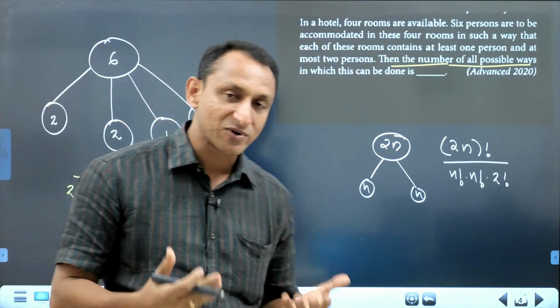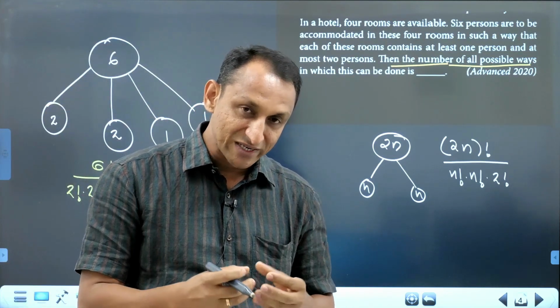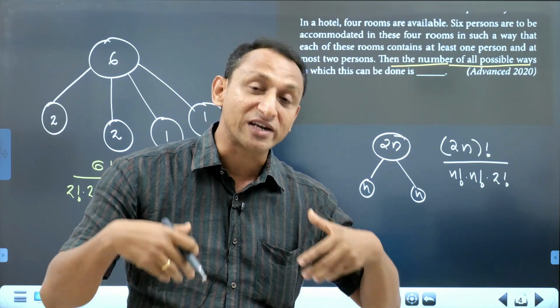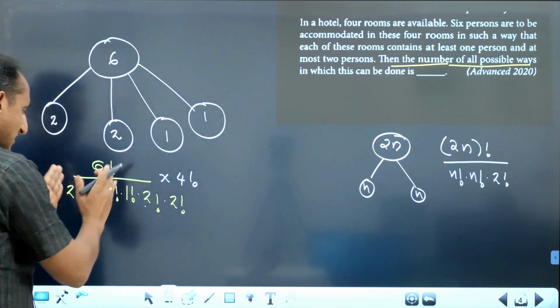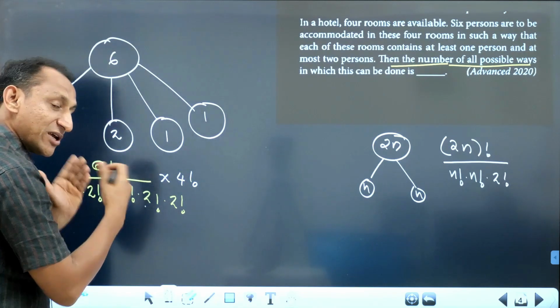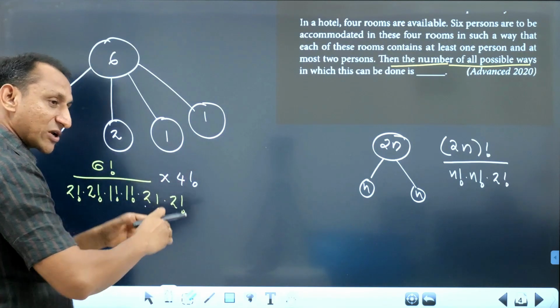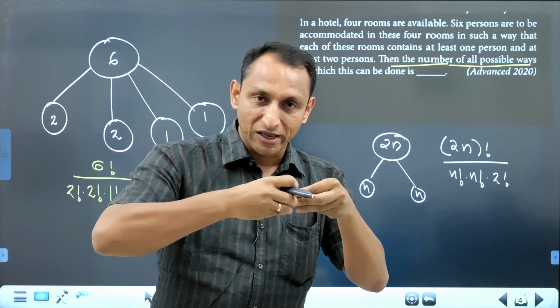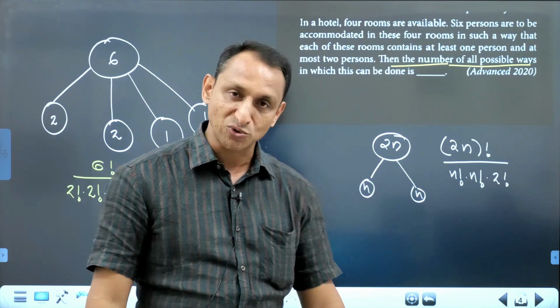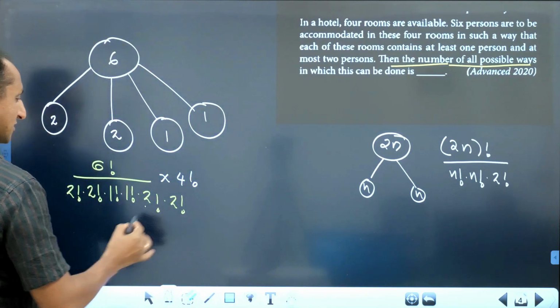Why do I write 4 factorial? We distribute into 4 different rooms. Here I wrote only the division into groups, into 4 factorial for distributing among 4 different rooms. Simplify this, you get the answer.